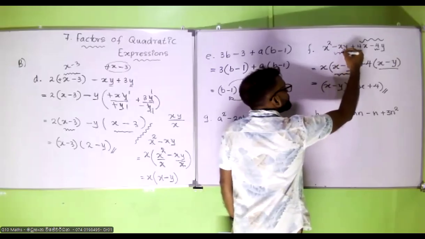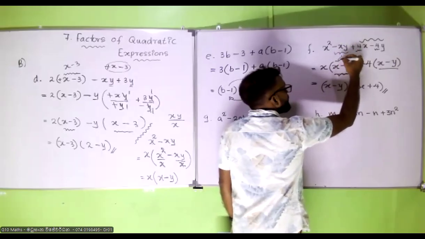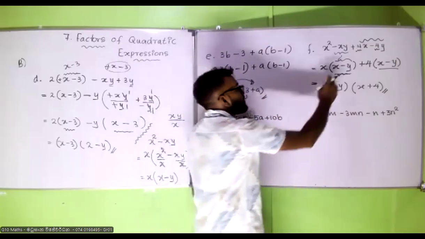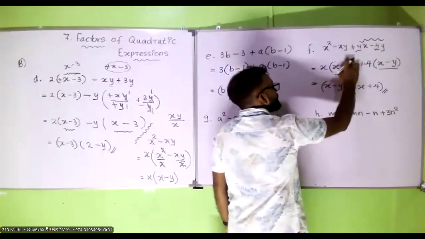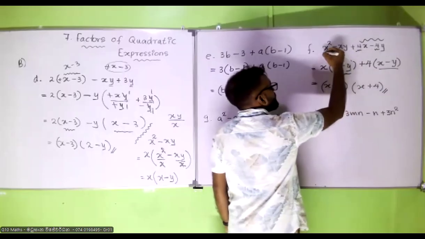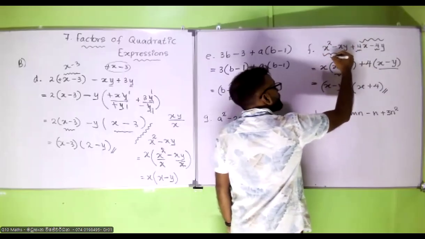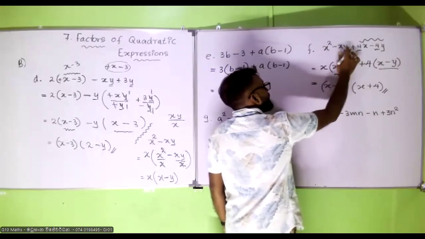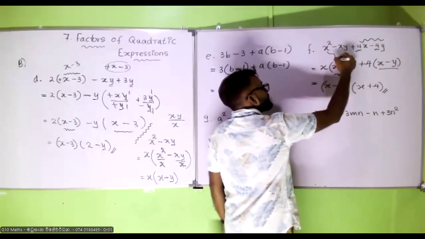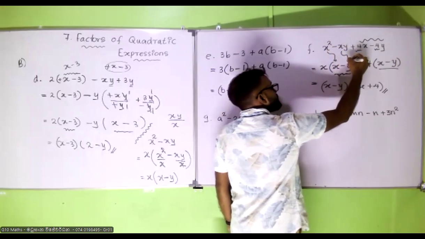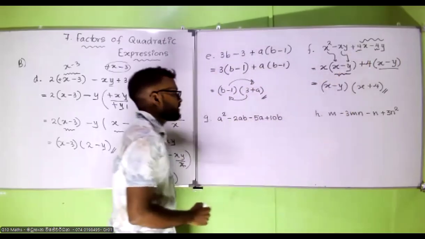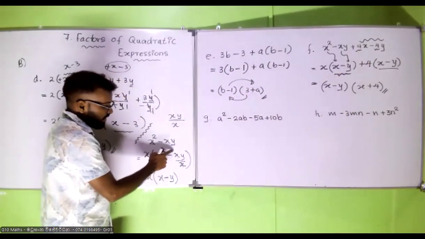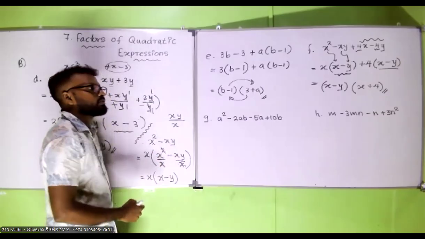You are asking how this becomes this? No, it doesn't come like this. It comes from both of these. This x squared becomes x. This xy becomes y. X squared divided by x, and the xy term divided by x.